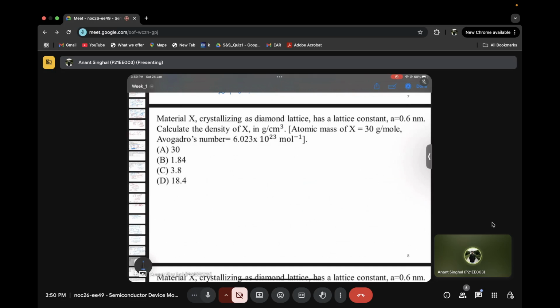This problem says we have a material X which has a diamond lattice. Lattice is nothing but the periodic arrangement of atoms, right? In the course we have 3 to 4 arrangements.